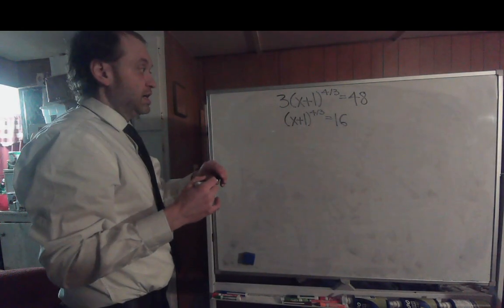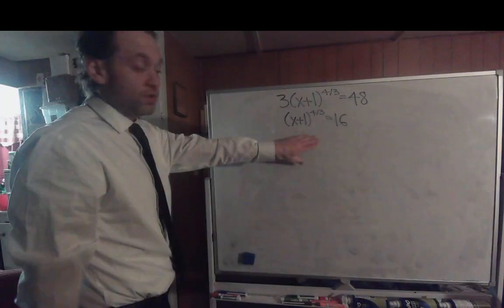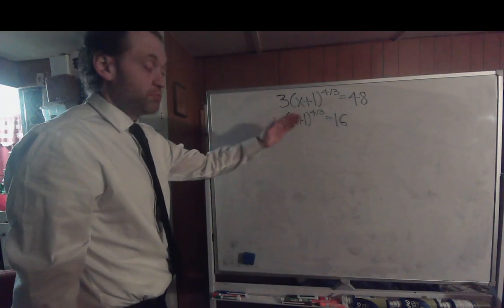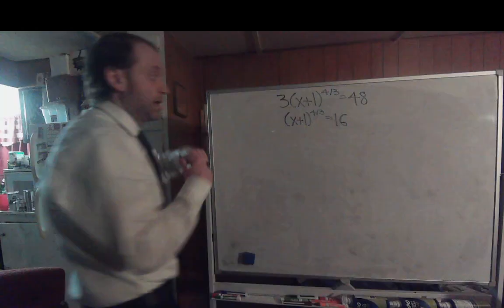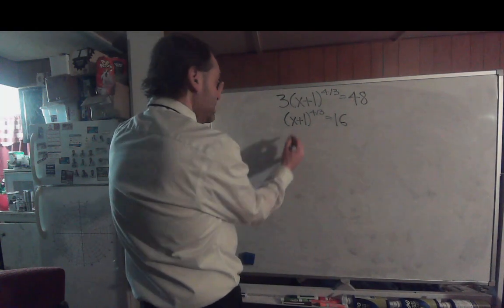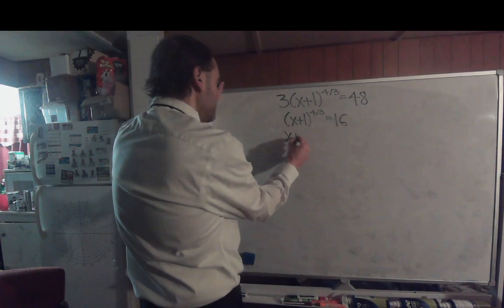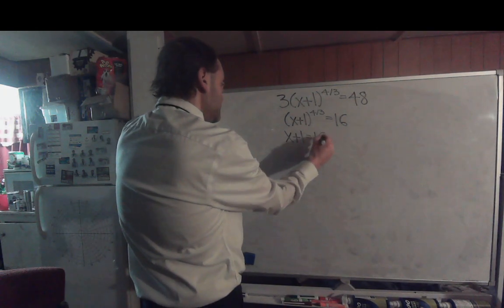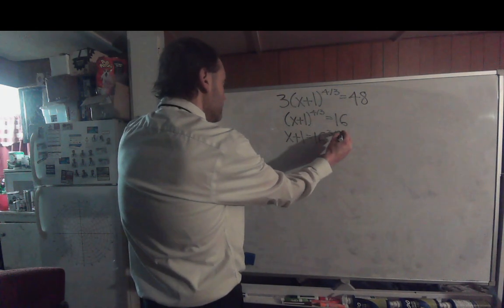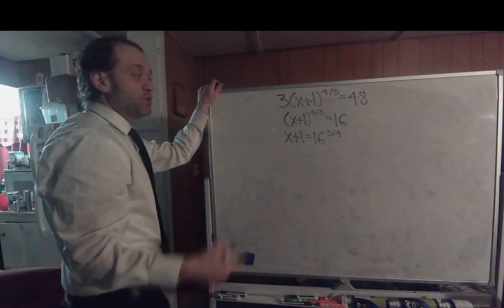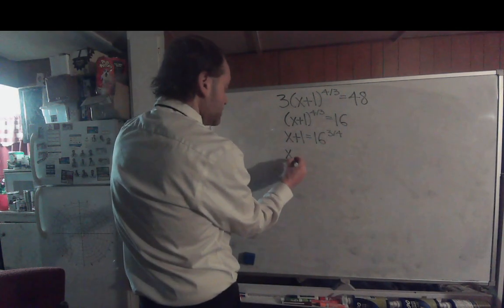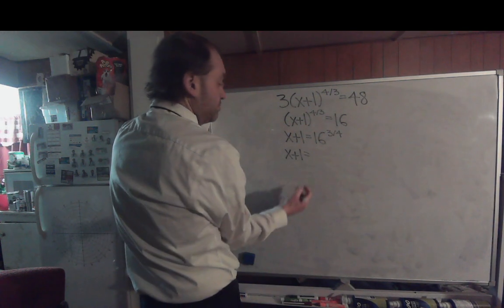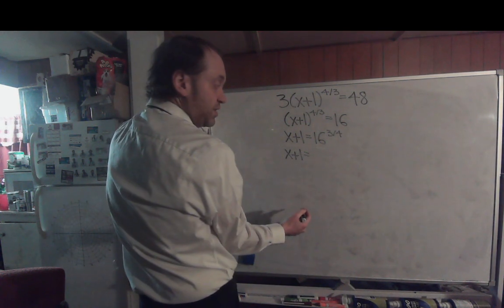Now, if the left side is to the 4/3 power, that means we need to raise both sides to the 3/4 power to cancel out the exponent. So x plus 1 would equal 16 to the 3/4. What is 16 to the 3/4?